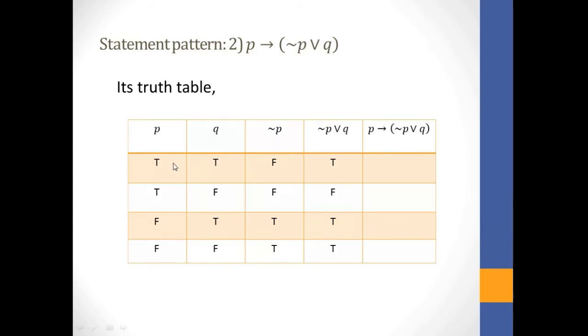T implies T is always T. T implies F is always F. F implies T is T. And last one again the same, F implies T is T. So we completed this column: T, F, T, T. So the truth table is completed for this statement pattern.